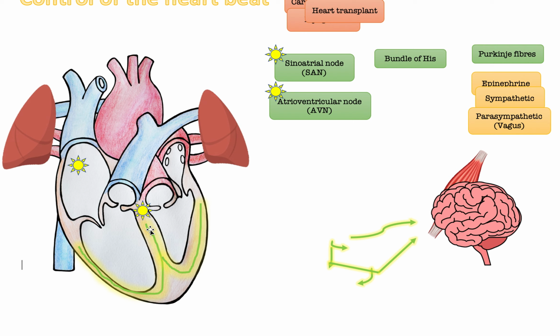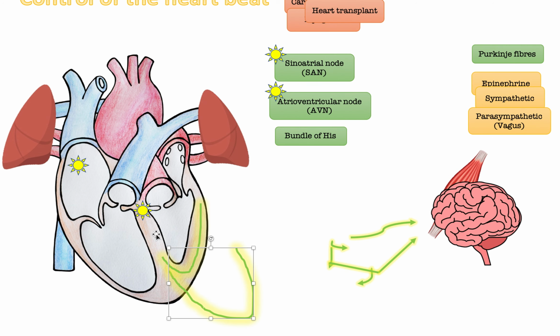These are also different from these cells here, and the bundle of His is made from the same kind of material as these two nodes. Even though there's some muscle here which can help contracting, there are also dispersed in between these muscle cells some bundle of His cells, which are also conducting cells, or cells that help stimulate contraction, because the muscle cells won't contract by themselves.